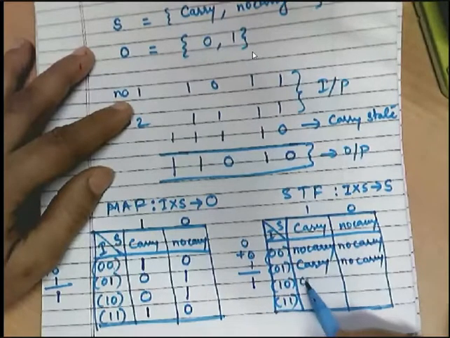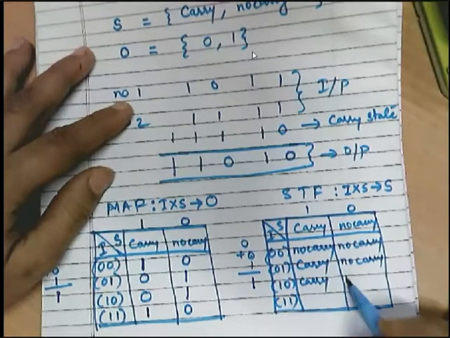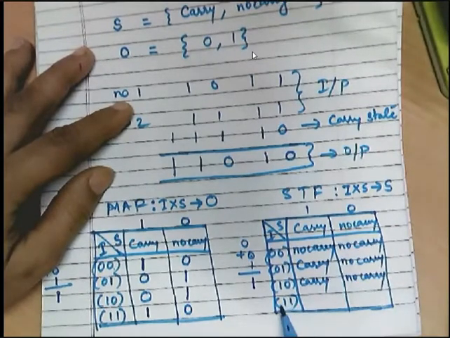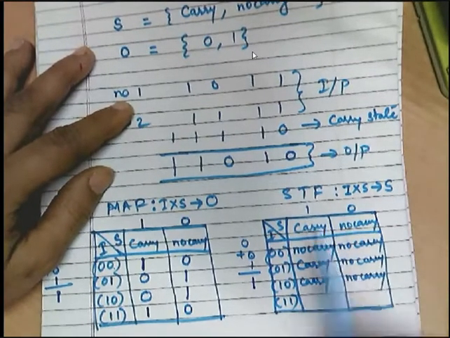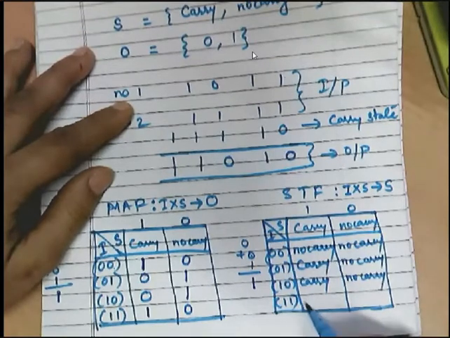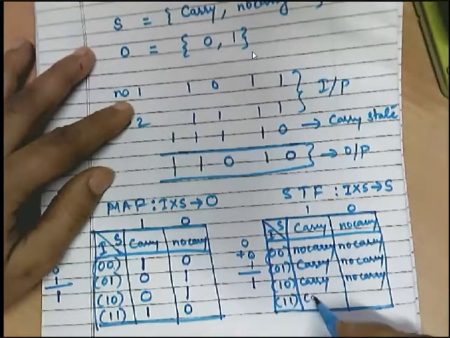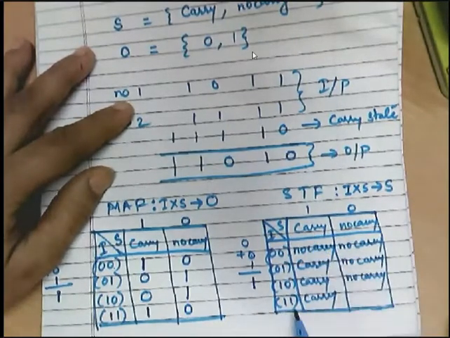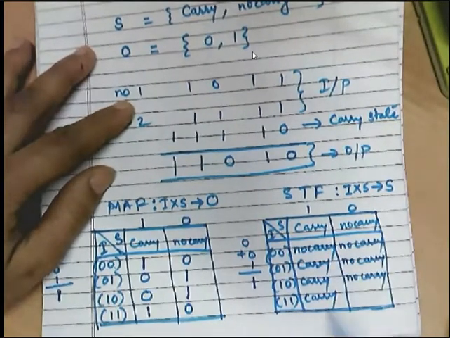Same case will be here, I'm just copying. And now 1 plus 1 and 1. So it is generating a carry. Okay, so I will be writing here. Current state is also carry. Input is 1 1. So it will remain in carry state.